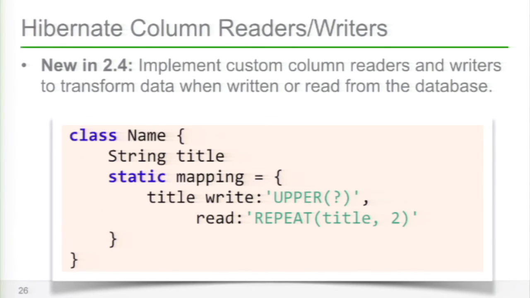In this case, what I'm saying is I want, when it's written, for it to be converted to uppercase, and when it's read, for the title to be repeated twice. So if you persist a name with a title of foo, it converts to uppercase FOO, and then when it gets read, it becomes FOO-FOO, basically. Completely useless in this case, but maybe useful in other cases.